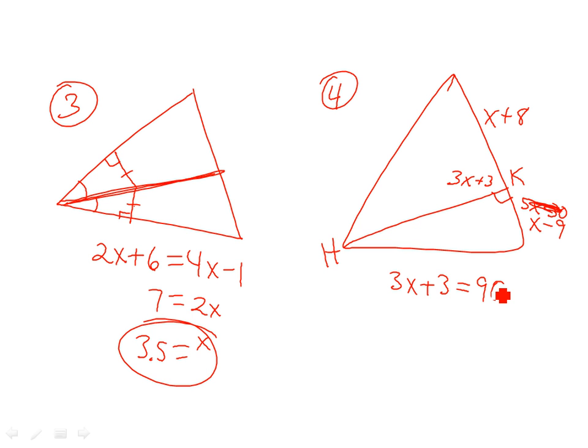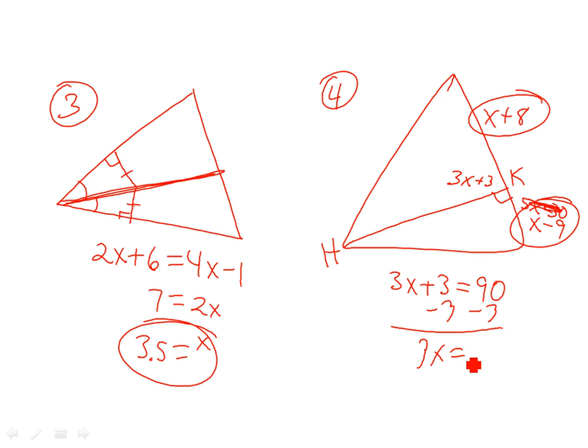I guarantee a lot of you that aren't paying attention right now, like Malachi over here, when he gets this on the test, he does a problem like the ones that we just were doing. What's he going to set up? X plus 8 equals x minus 9. Is that going to work on this problem? No. I know you were paying attention, Malachi.